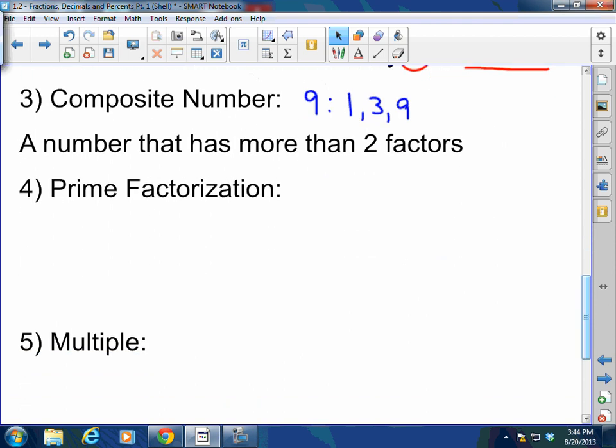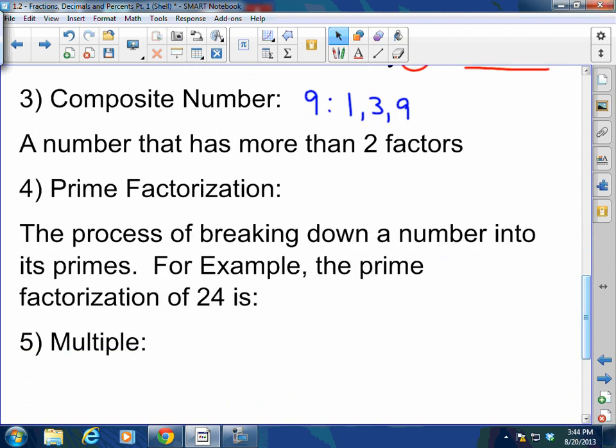Prime factorization. Prime factorization is the process of breaking down a number into its primes. For example, the prime factorization of 24. Let's go ahead and write our number 24 and break it down. It doesn't matter which factors you choose, but choose 2 factors that go into 24. What times what is 24? I'm going to choose 3 and 8. I'm going to circle 3 because that is prime.